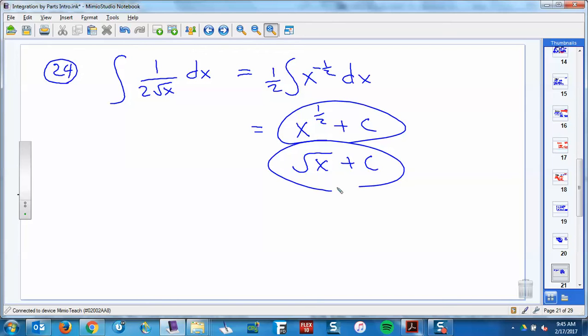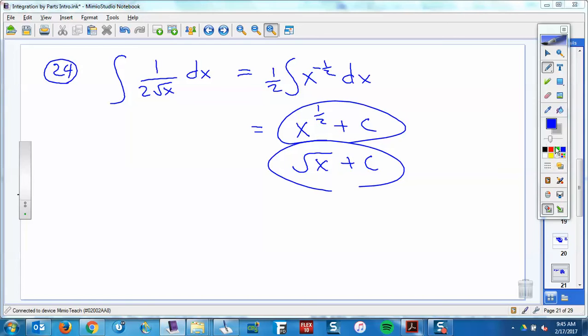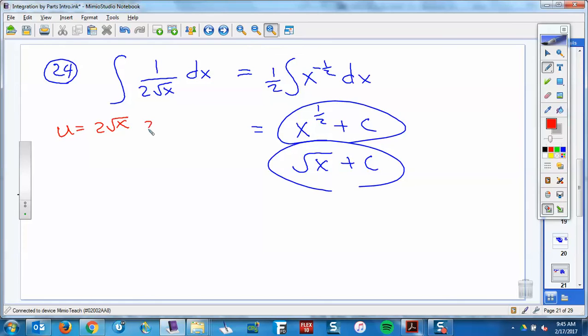Remember, typically U substitutions let you be the bottom. I think you could do a U substitution here. I mean, let's look at it. Let me see if somebody let the U be the 2 square root of x, let's say. What would that be, 2x to 1/2?